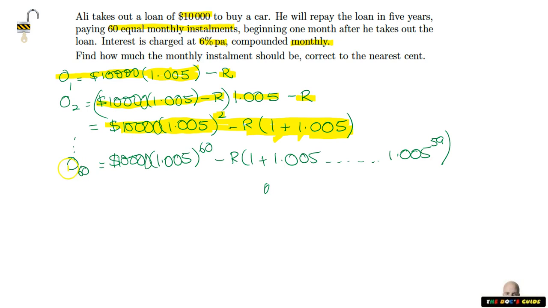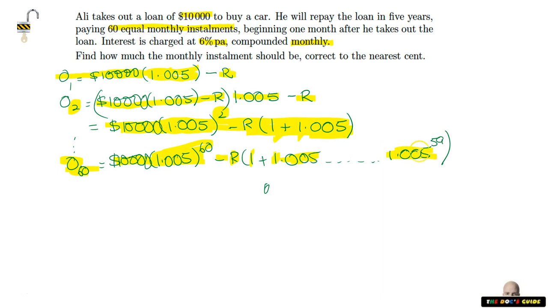Now, after 60 months, so when the loan is going to be repaid, the $10,000 gets multiplied by 1.005 to the 60. But again, if we just look at the pattern, here was a 2, here was a 2. Minus R outside of, and we've got all of these things here, so I'm just writing it in reverse order.